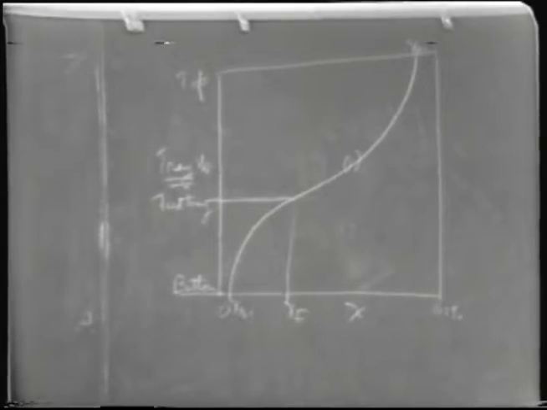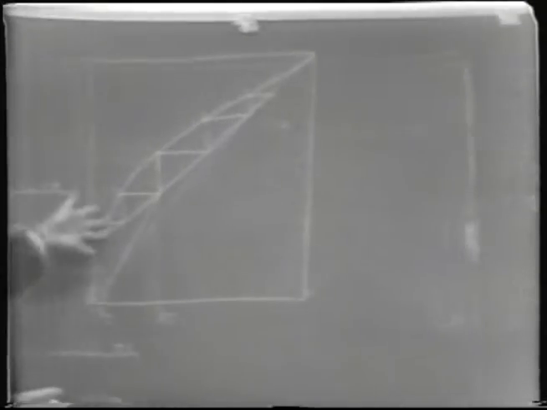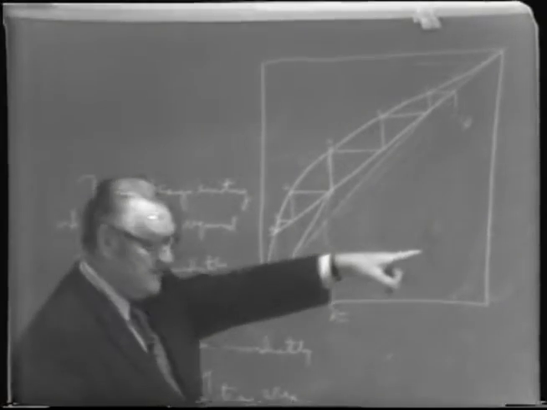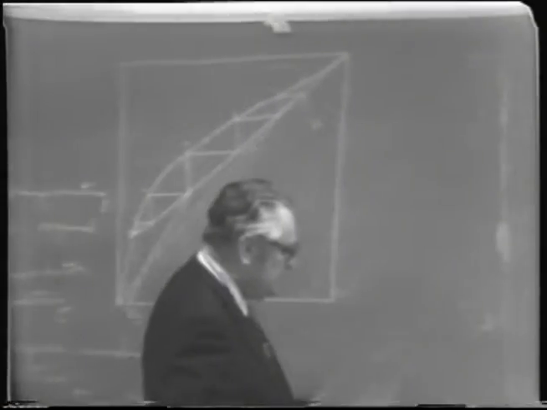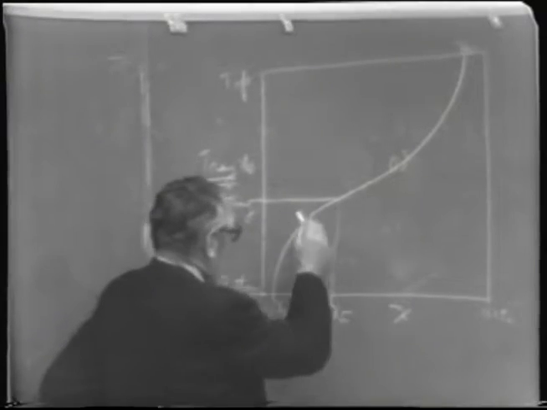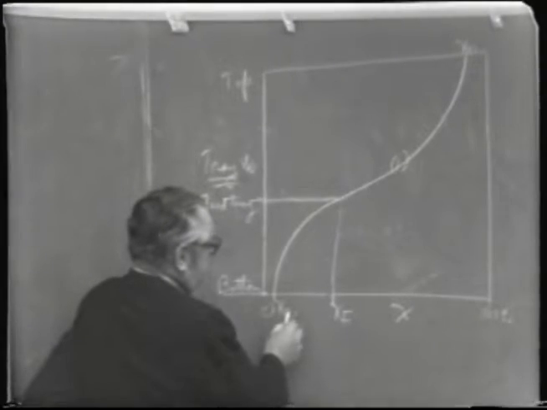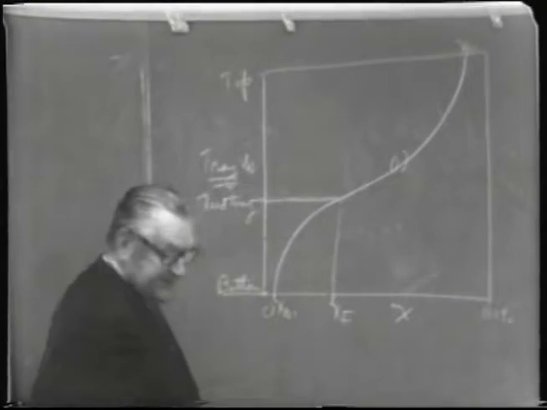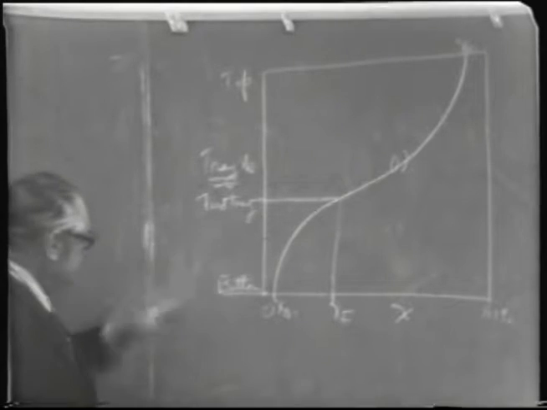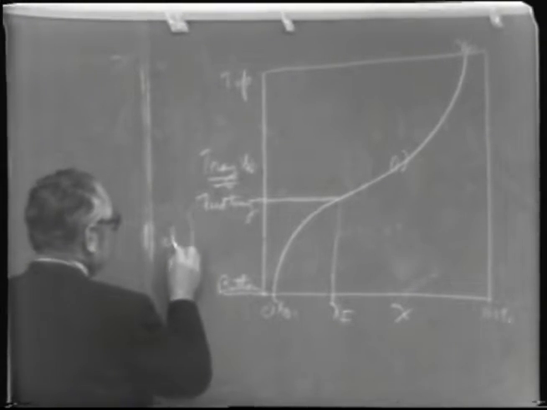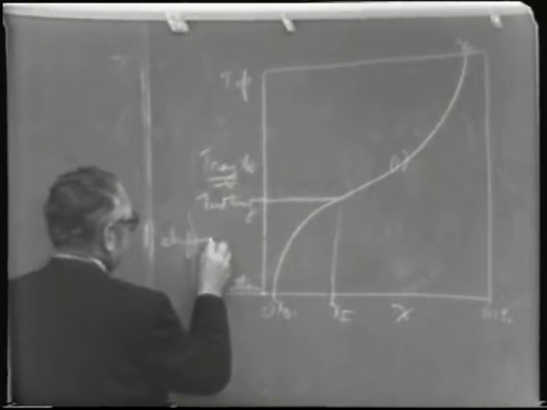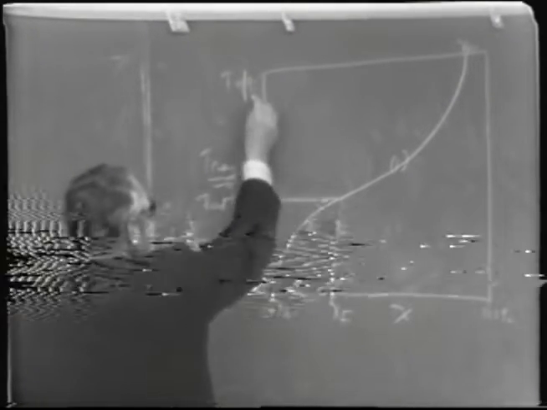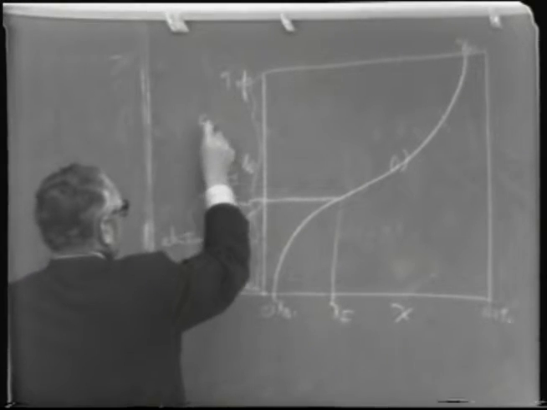Now, if we translate the situation that I attempted to demonstrate by this little sketch to this kind of presentation, we'll find that we get this sort of situation. The composition of the bottoms will be somewhat less, because you have a fixed number of trays in the stripping section and a fixed number of trays in the rectifying section, the concentrating section.